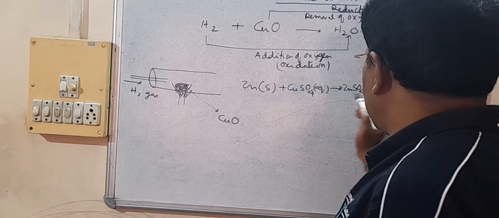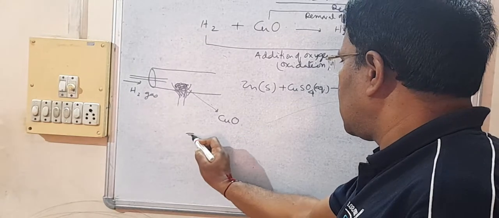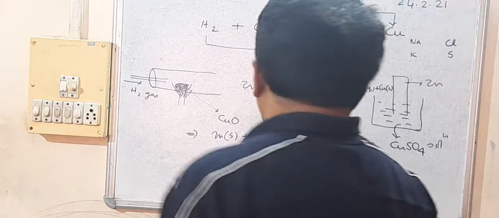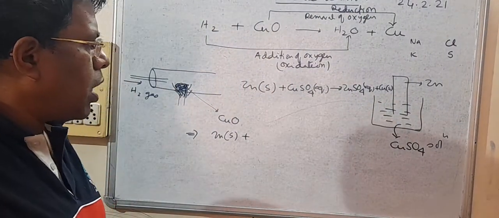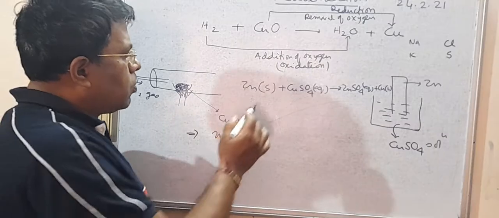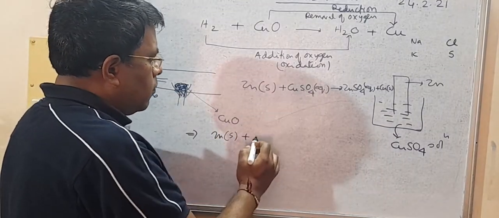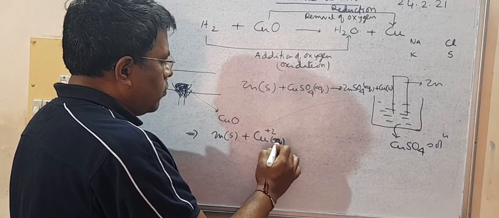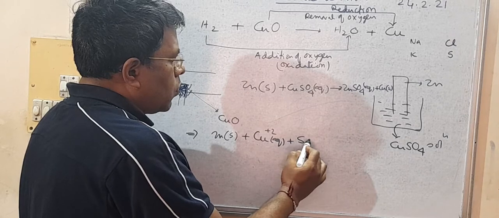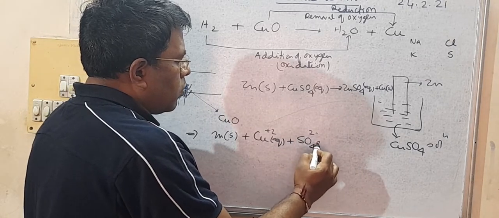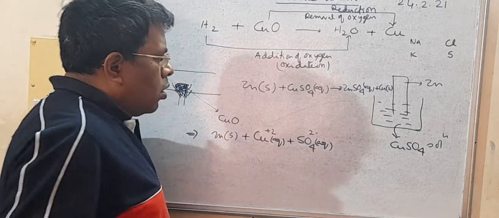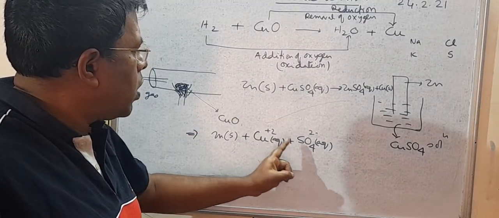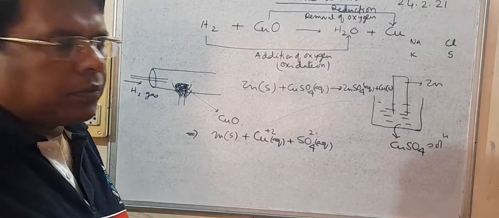Now, this reaction we can rewrite in this way: Zn plus copper sulfate, which is an ionic compound, so it consists of ions. Copper sulfate consists of Cu2+ ion and sulfate 2- ion.